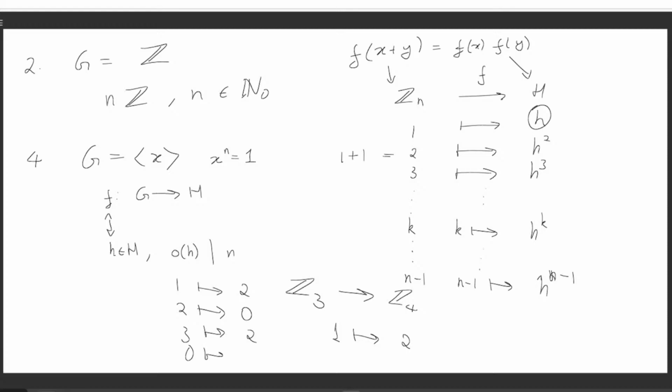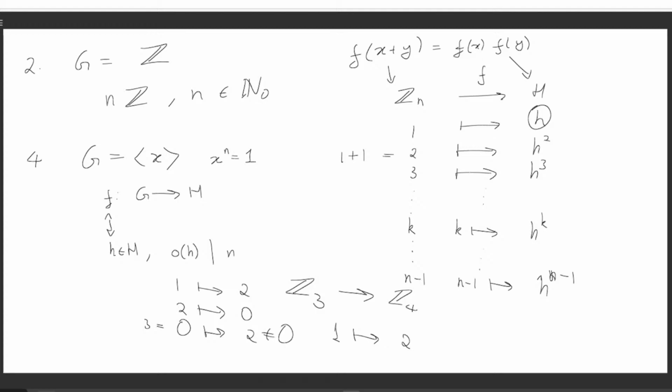Then 0 will map to... In fact, that's a problem. Sorry, I'm taking Z3. Yes, that's exactly the problem. 3 is actually 0 only. So 0 maps to 2. Is that the problem?